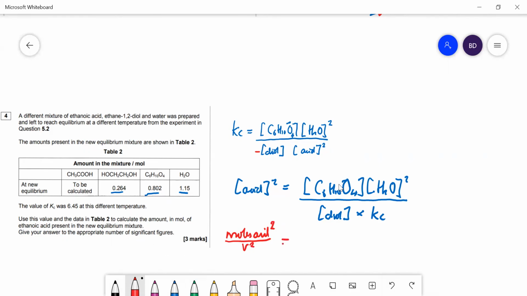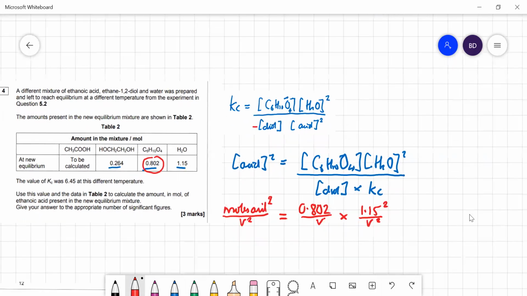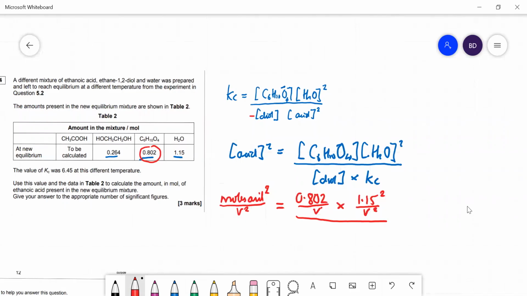That is equal to the moles of the diester, 0.802 over V, so concentration, multiplied by the concentration of water, 1.15 over V, which I'm going to square, divided by the concentration of the diol, which is 0.264 over V, multiplied by the value of Kc.